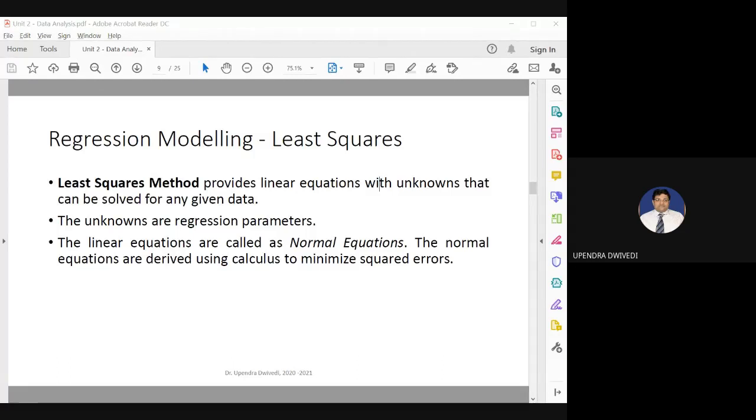I'm writing the question: give a problem for different modeling with parameters. This is the question.